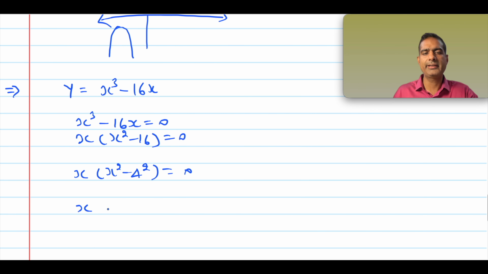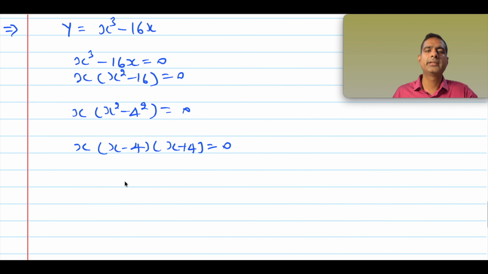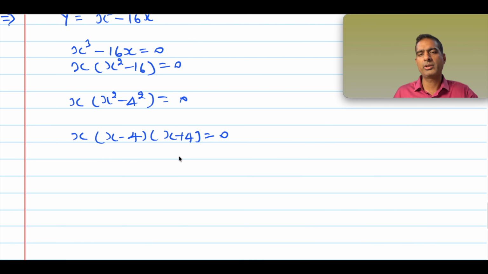So I can write x, x minus 4 and x plus 4 is equal to 0. So there are three terms whose product is 0. So this will be possible only if at least one of them is 0. That is x is equal to 0 or x is equal to 4 or x is equal to negative 4.